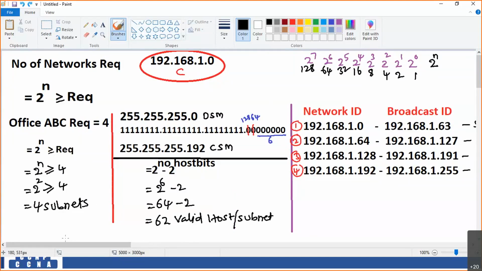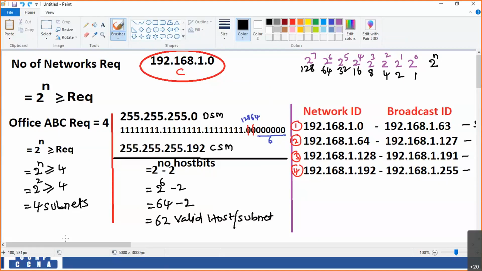For these 4 subnets, even though it is one network only, we customize the mask into 4 different subnets. The mask is the same for all 4 subnets, 192.